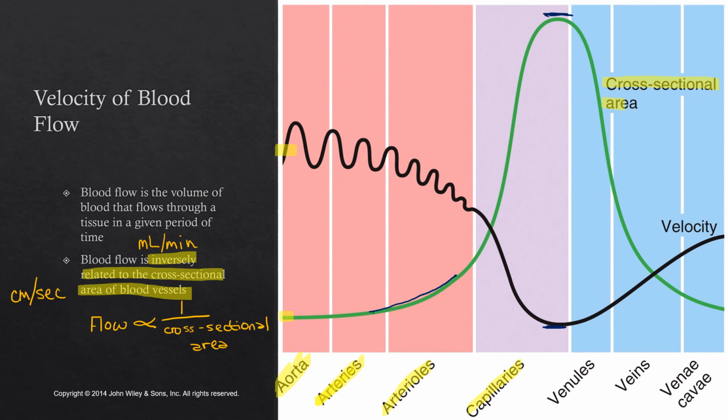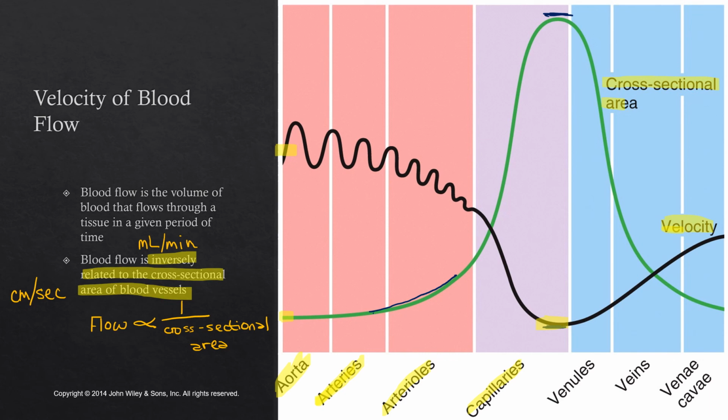So blood flow becomes slower and slower as blood moves further away from the heart because of the cross-sectional area of all the different branches. We get the slowest velocity, which is this black line, in capillaries. And this is really important functionally, because capillaries are where we want to have gas exchange.